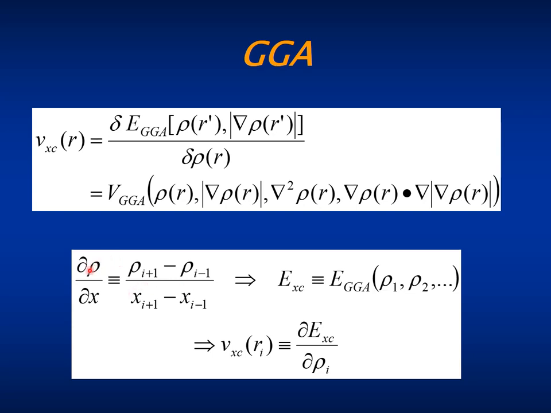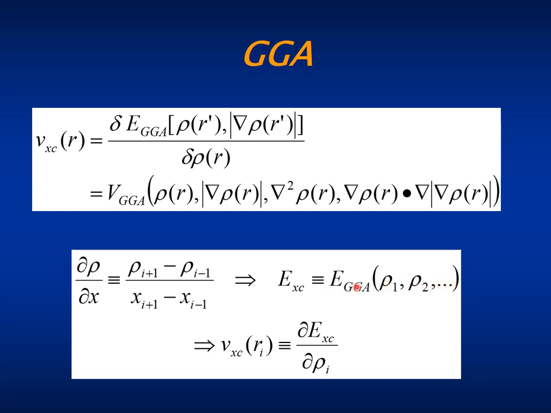And then once you have calculated the gradient using the density at the grid points, you will have the expression for the exchange correlation energy as an integral over the grid points, and therefore as a function of the density at the different points.